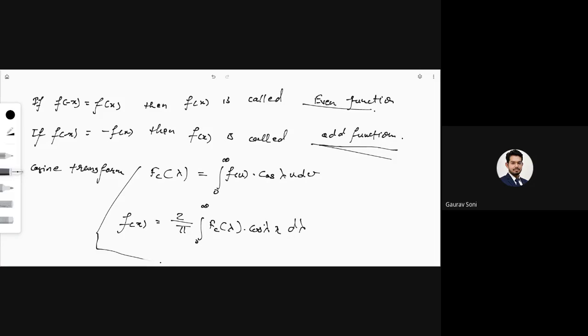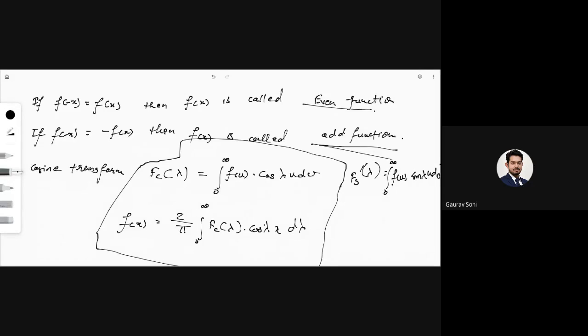Look at this, three formulas you will have to remember. The first one is Fourier transform, inverse Fourier transform. Now Fourier cosine transform, inverse Fourier cosine transform. And the third one is the Fourier sine transform. Fs of lambda is equal to integral 0 to infinity f of u sine lambda u du.